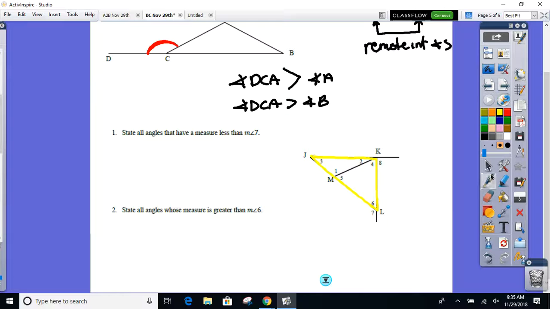All right, so if you could, find as many as you can, and then hopefully as a class, we can get 5 of them. That's the goal. Let's get 5 angles that are less than angle 7. If you can't get 5 individually, that's not a big deal. But as a class, I think we can do it.